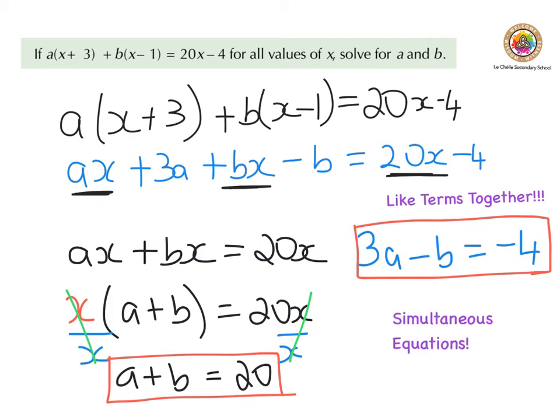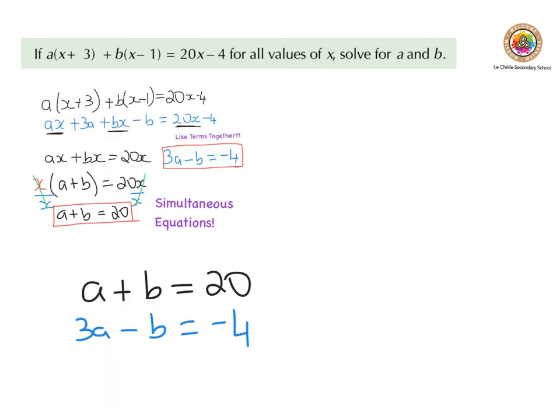So essentially, with solving for unknown coefficients, step one is always like terms together, and I work that down as far as I can until I get, say, these two equations. Then if I have to stop, that's where I stop, and I'm going to use simultaneous equations as my next step. So we're going to put the two equations together and solve.